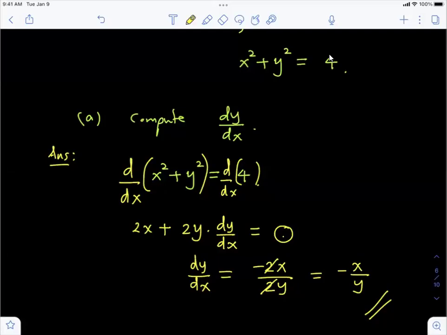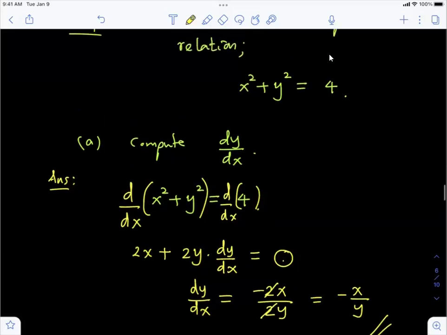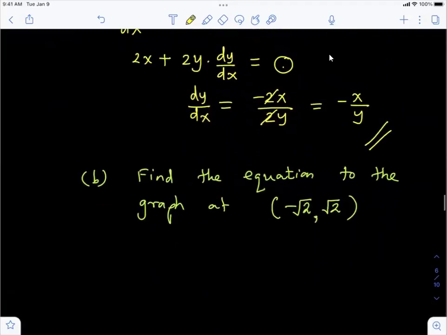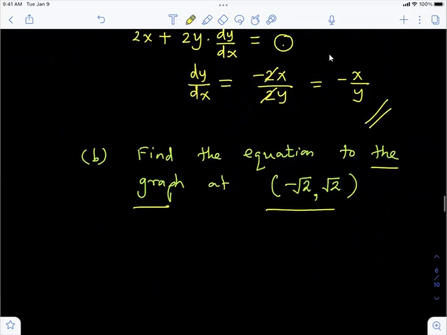Now, let me infuse a little bit of geometry to this picture. I just erased that figure right at the beginning, but don't forget. Here I am asking you to find the equation to the graph. To the graph of what? To the graph of this relation at this point.